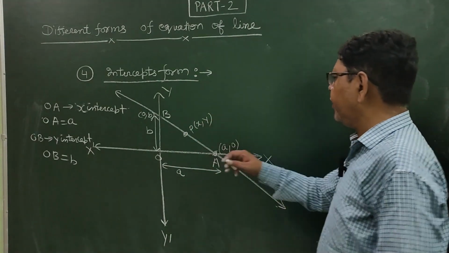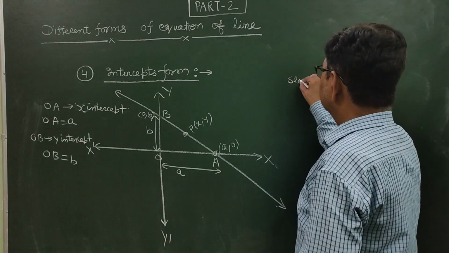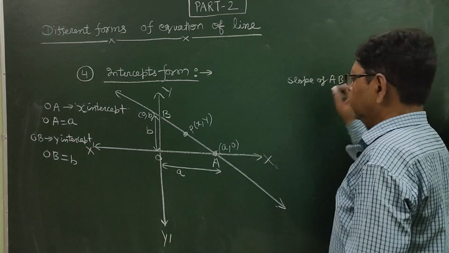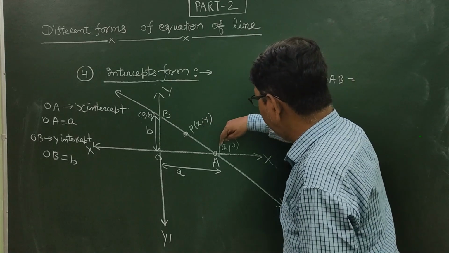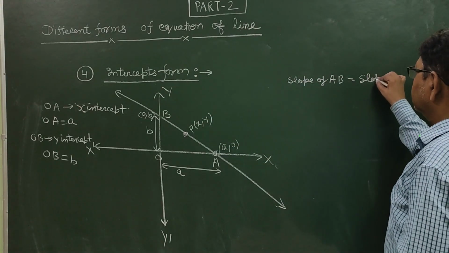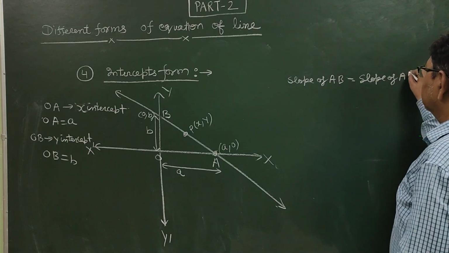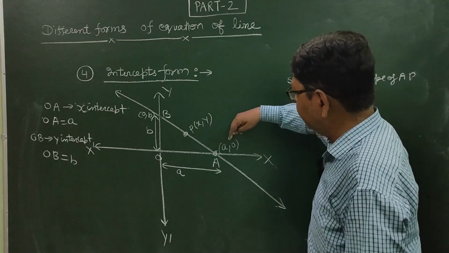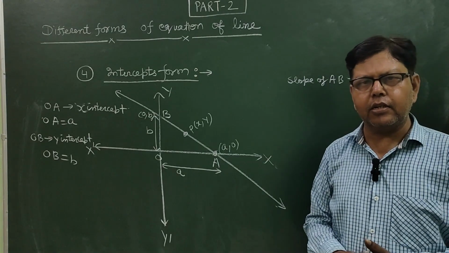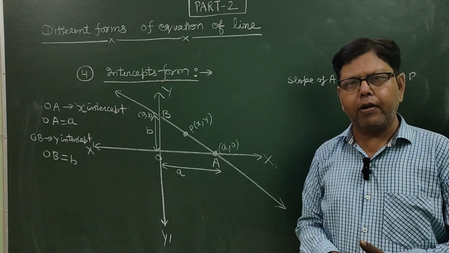Now the slope of AB is equal to the slope of AP. AP and AB are the same line segment, so they have the same inclination, that is, their slopes are equal.